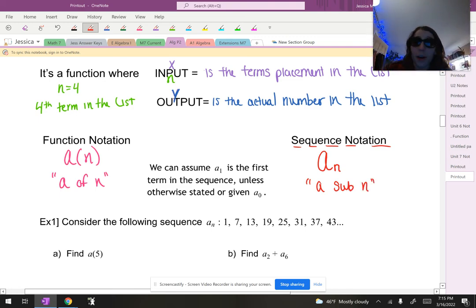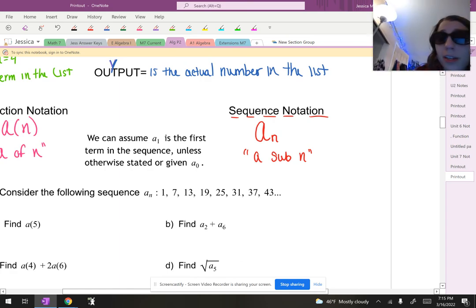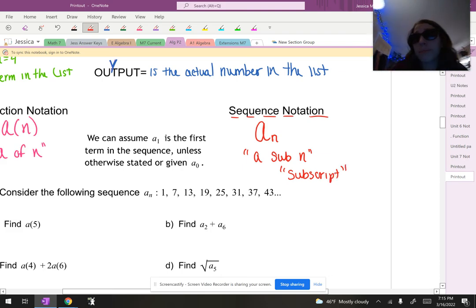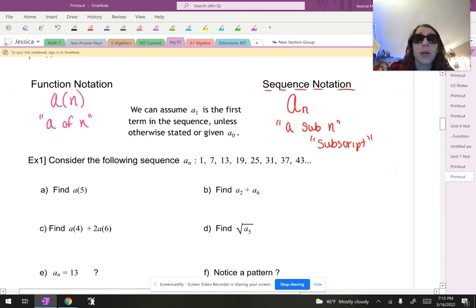Sub coming from, as you guessed, subscript, S-C-R-I-P-T. Okay, so now again, we're just going to be going back and forth between a of n, that function notation, and a sub n, that sequence notation.